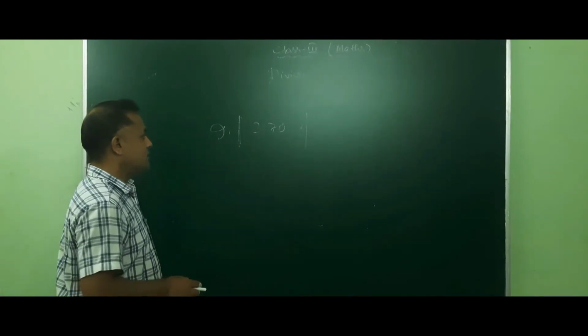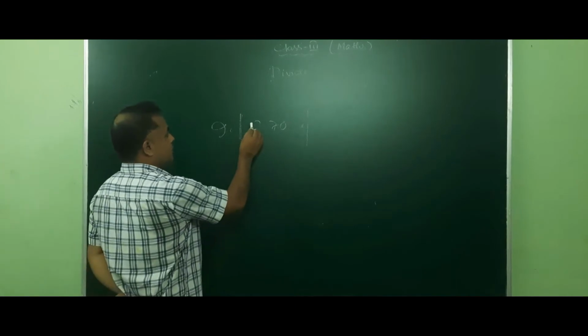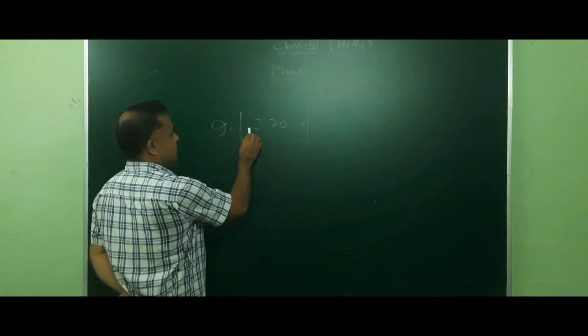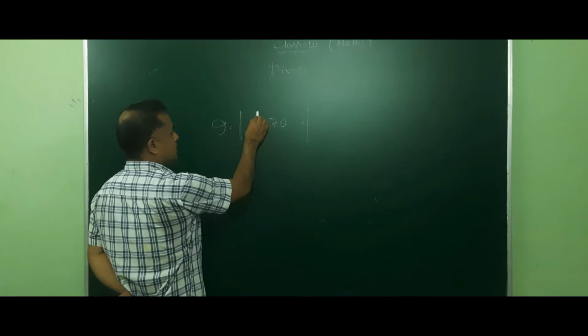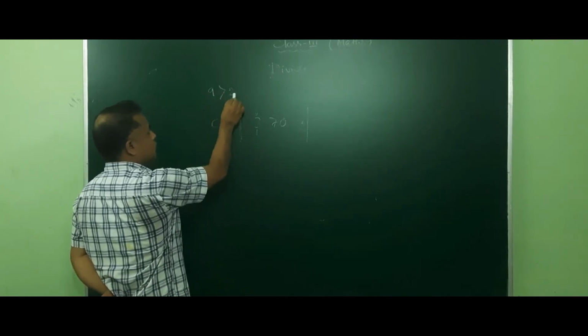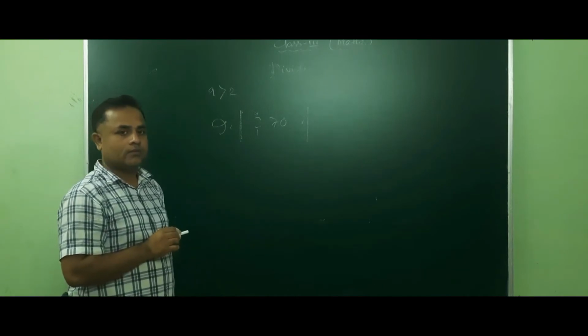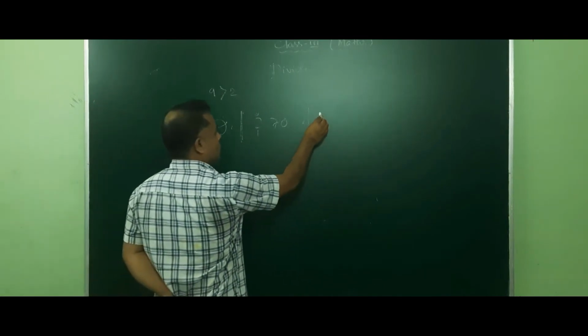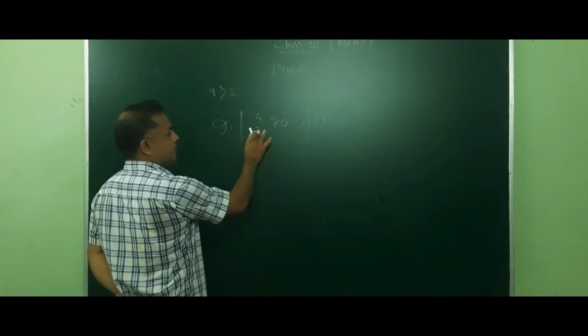So we will check first 2 by this 9. Since 9 is greater than 2, it doesn't go. So we will write 1 0.